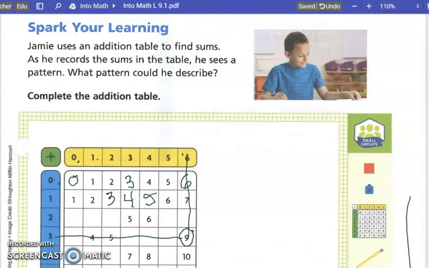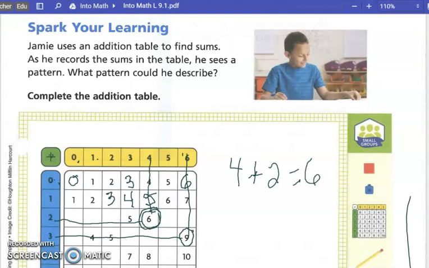So what would the addition problems be for this sum of 6? What 2 addition problems could we write for this sum of 6? Reckon, what's 1? No, this 6 right here. What's at the top? Right. And that would equal 6.